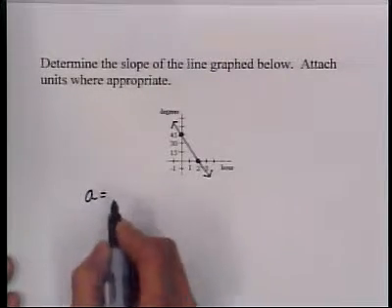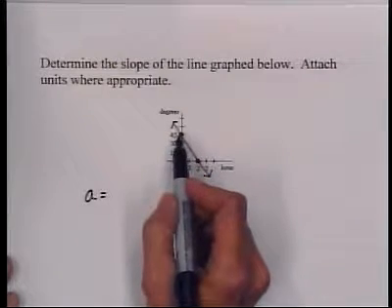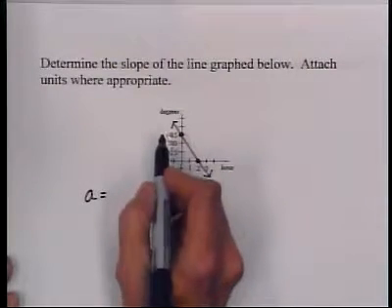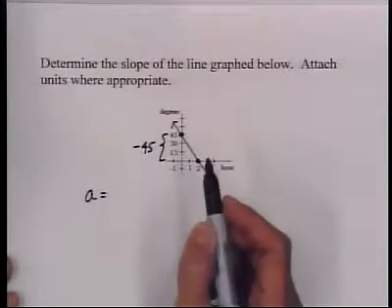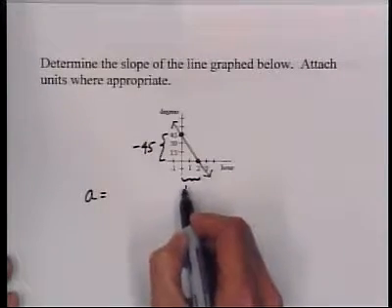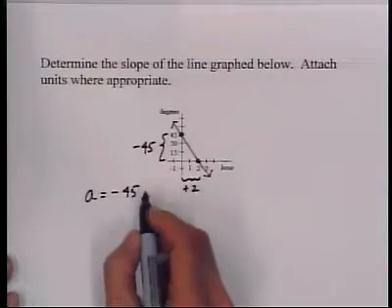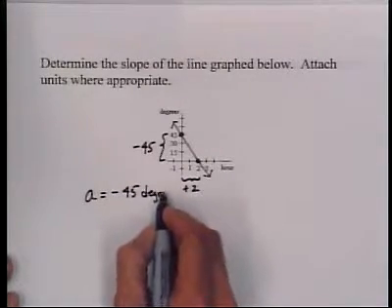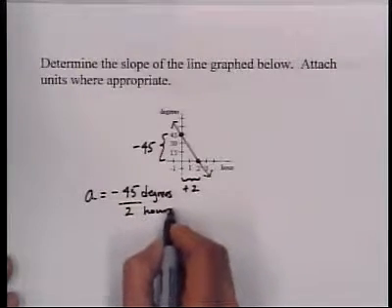The slope is its vertical change over its horizontal change. To get from the point on the left to the point on the right, I'm going to have to go down 45 units and to the right 2 units. So the slope is negative 45 degrees over 2 hours.